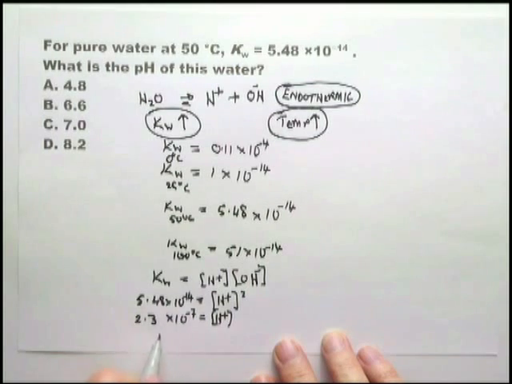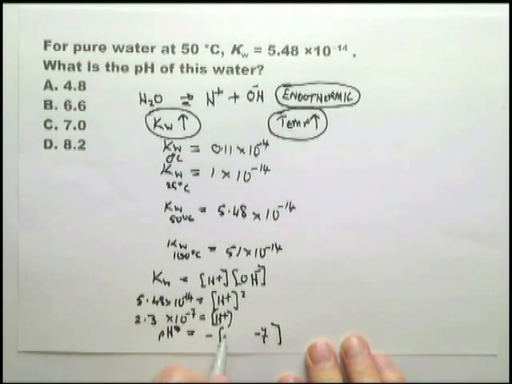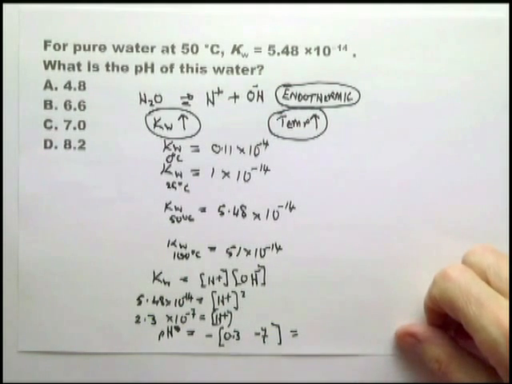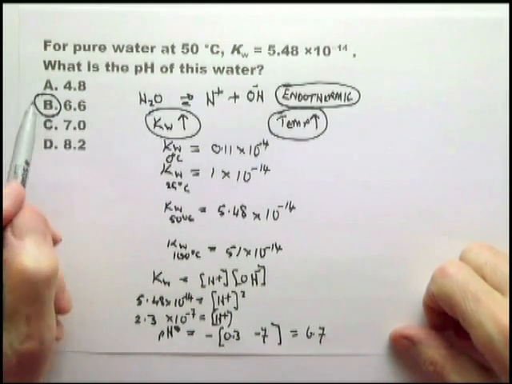Therefore, the pH equals minus 7 plus the log of that, which is approximately 0.3, so approximately 6.7. And I would therefore say that this is the answer.